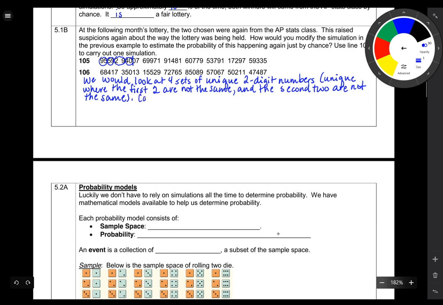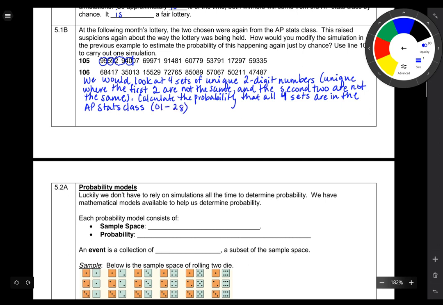Calculate the probability that all four sets are in the AP Stats class. So 01 to 28.